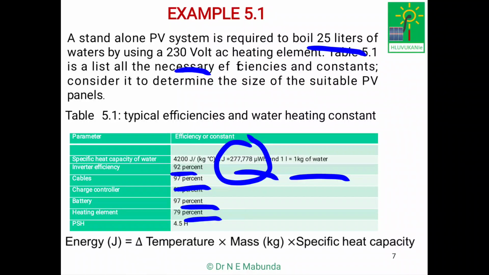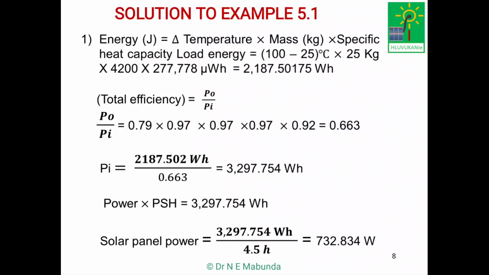Now, energy in joules is change in temperature, mass, specific heat capacity. Right. Okay, now we put that formula into action. So that is actually 277,778 microwatt per hour.